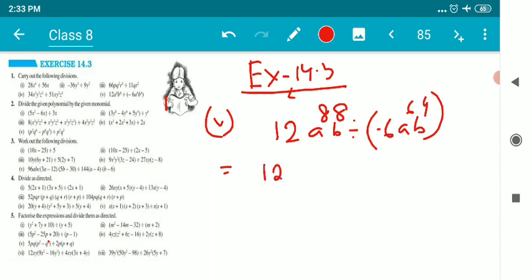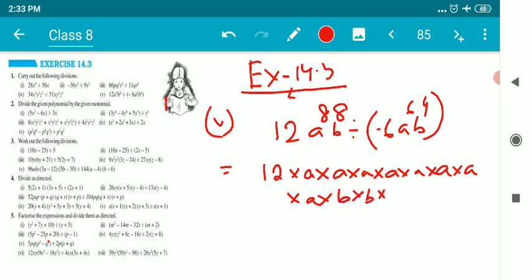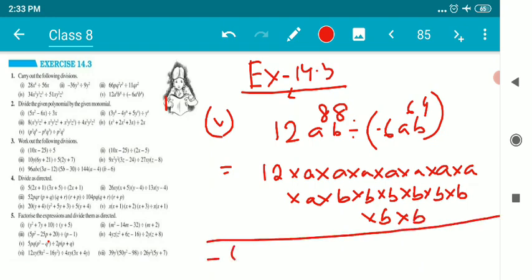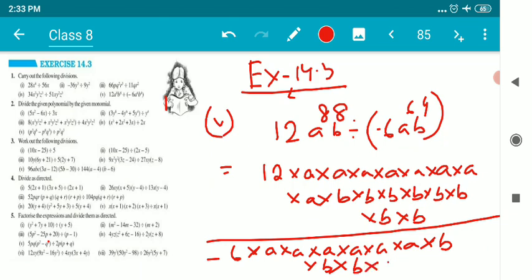We can write 12 into a 8 times, and b 8 times, divided by minus 6 into a 6 times and b 4 times.